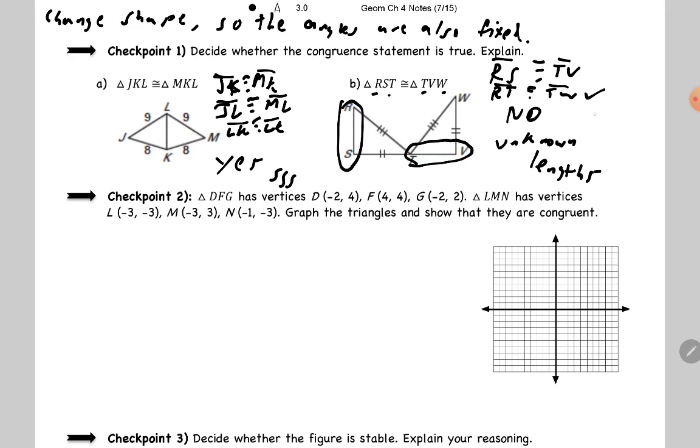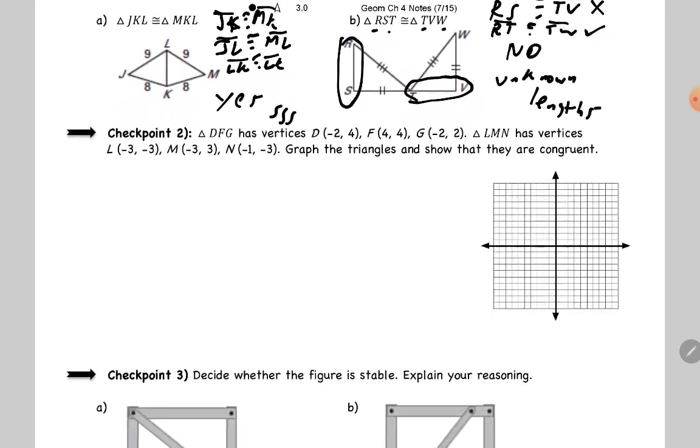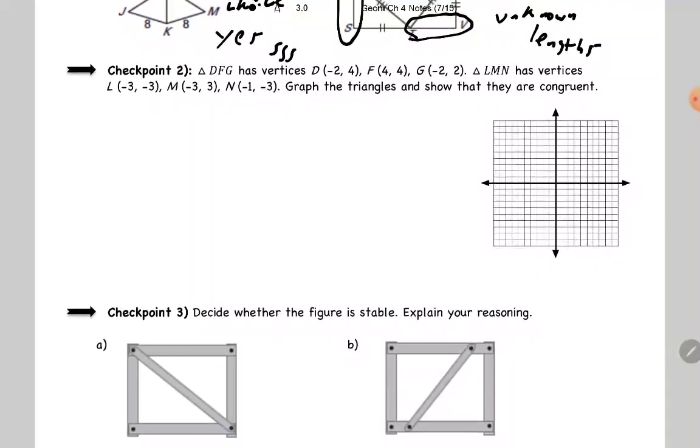Yes, that's checked off. And then ST would be congruent to WV, but the first one did not work. So no, these triangles are not congruent, or at least we don't know for sure.